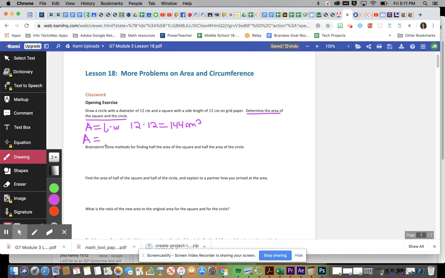Okay, and then area of a circle, if you can remember from yesterday, is pi r squared. Pi r squared. And the r obviously stands for radius. So pi is 3.14 times, and our radius, we know that the diameter was 12, so our radius is 6, and I have to square that. 6 squared is 6 times 6, which is 36 times pi, or 3.14.